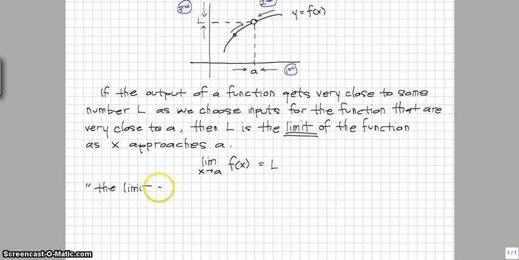The limit as x approaches a of f of x is equal to L.